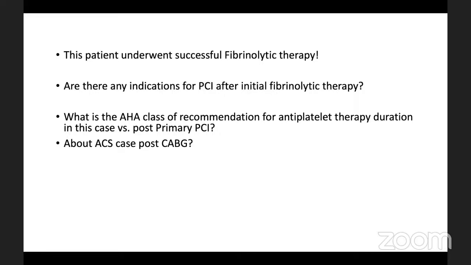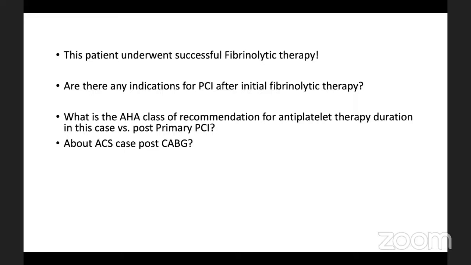Same as primary PCI. Again, don't be tricked by the questions. The recommendation for dual antiplatelet therapy in patients with acute coronary syndrome is 1 year, regardless of the method of revascularization. Either fibrinolytic therapy, PCI, or CABG, you're still going to keep this patient on dual antiplatelet therapy for 1 year, and then you switch to aspirin.